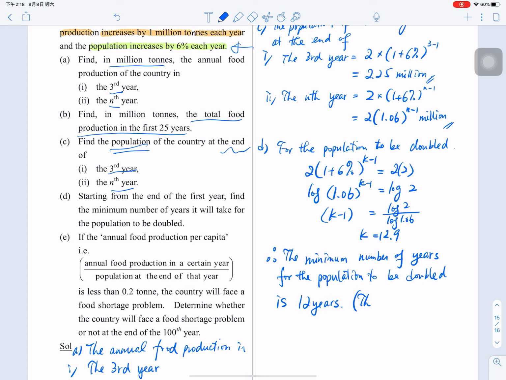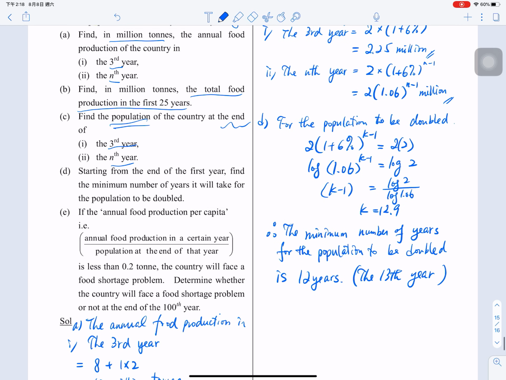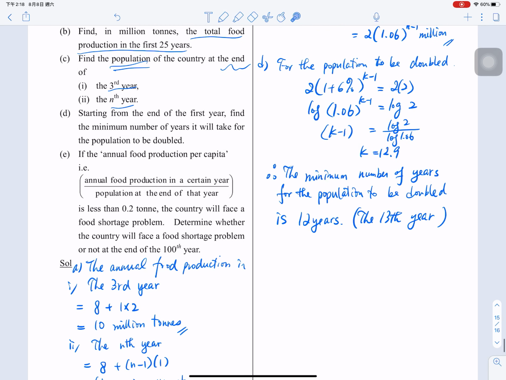That means the 13th year. Okay? The 13th year. So you need 12 more years for the population to be double. Okay? Part E, the last part.